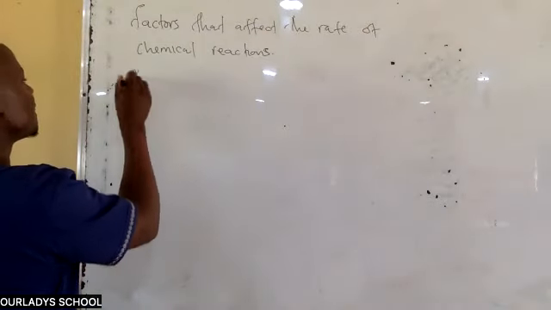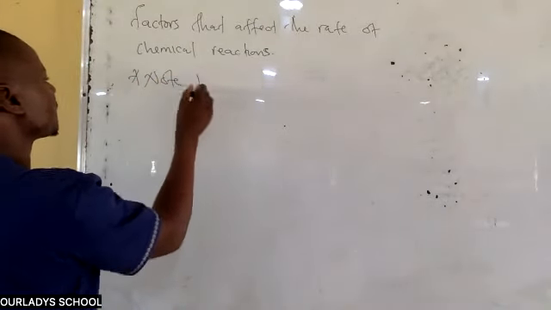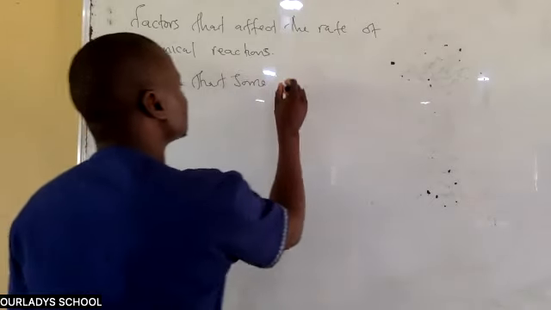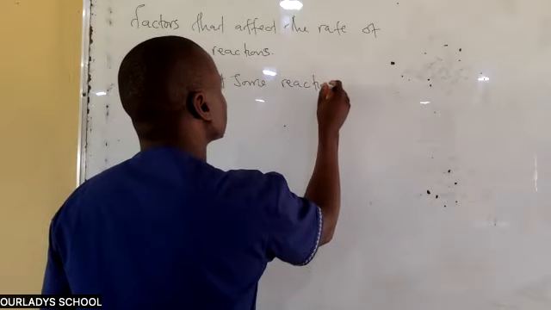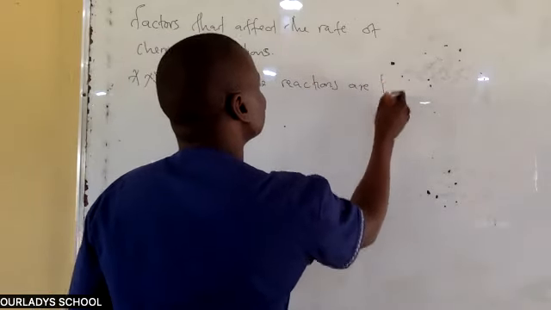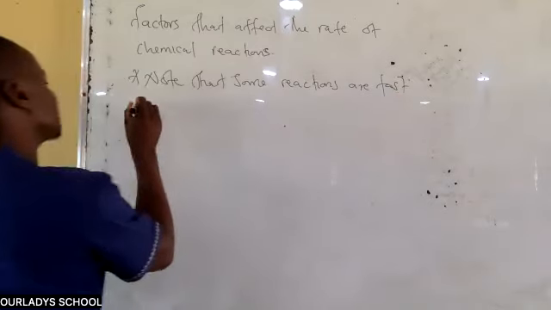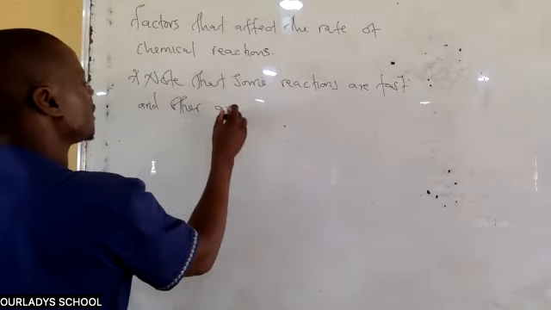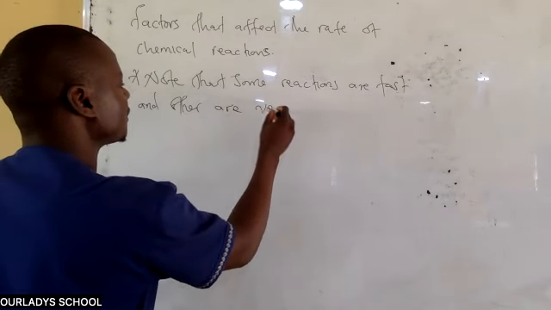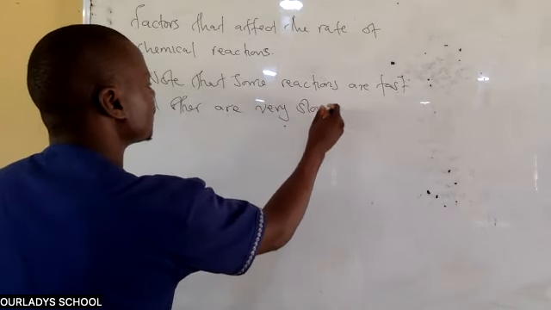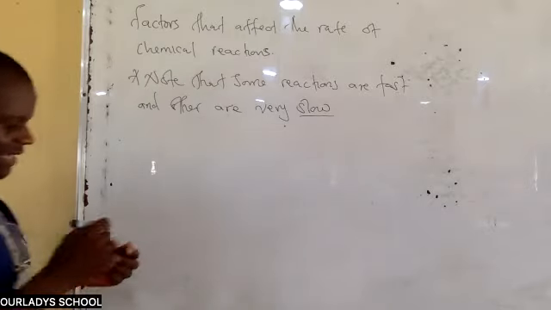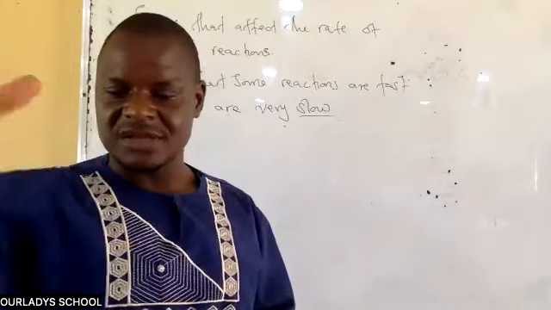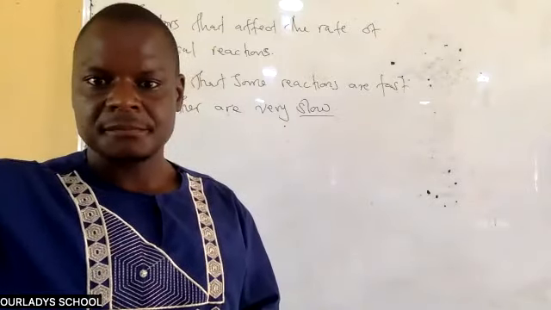So we have to note that some reactions are fast and others are slow. In fact, very slow. So meaning to the ones that are very slow, I'm sure we can do something to them so that they are speeded up.